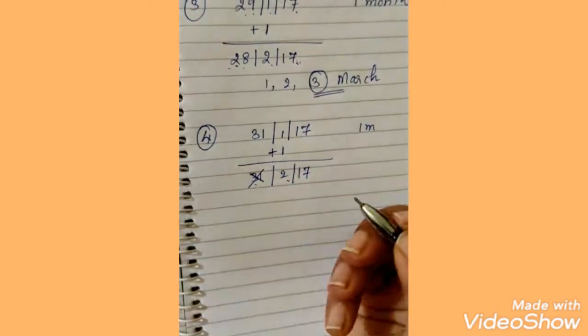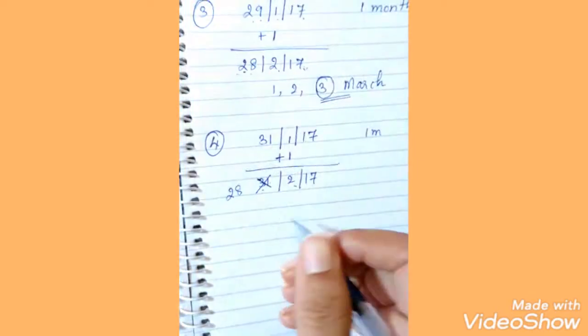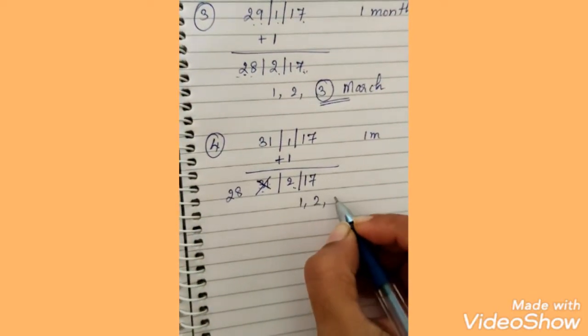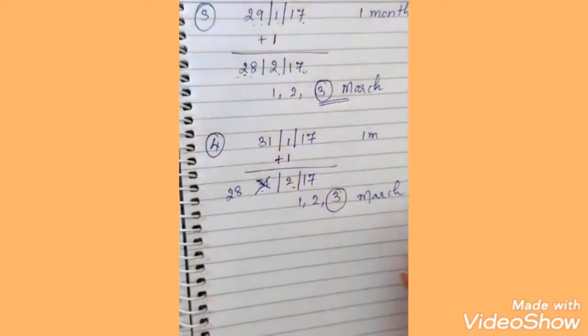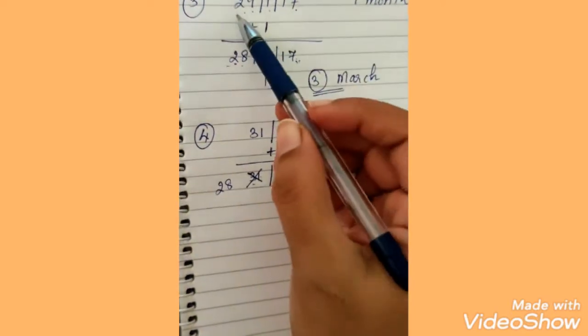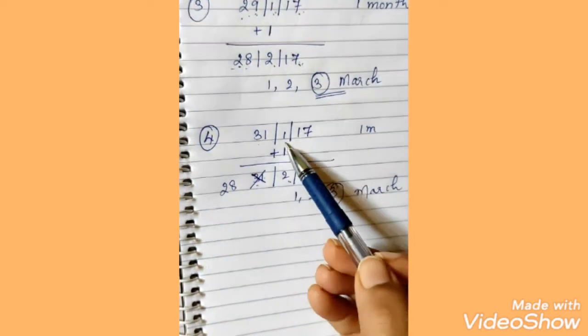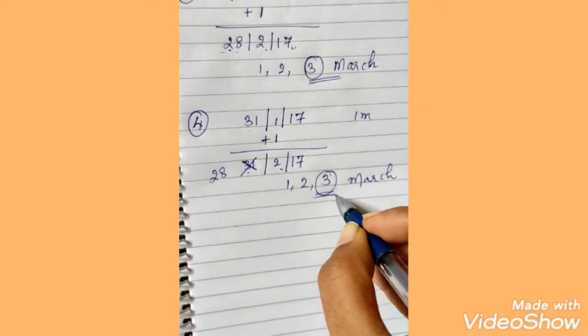So here we are not going to write 31st. Here we have to write 28th only. Okay, and then you have to add 3 days of grace. That is again 1st, 2nd and 3rd. So my date of maturity will be 3rd March again. So even though you take 29th January 2017 or 31st Jan 2017, the date of maturity will be the same.